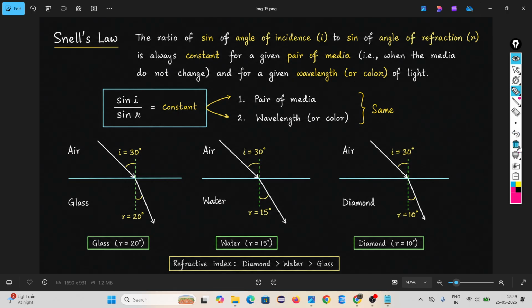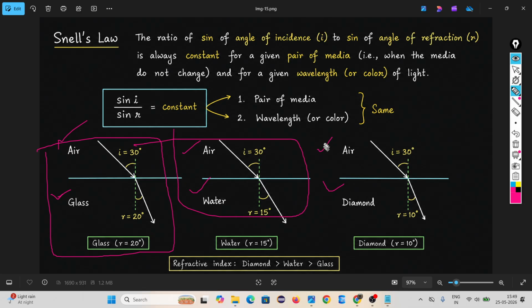Then look at this diagram. Suppose in the first diagram I am taking the first medium as air and the second medium as glass; then air and water; then air and diamond. Are you thinking that in all these cases sine i upon sine r is constant? My question is, in these three diagrams I am changing the media.